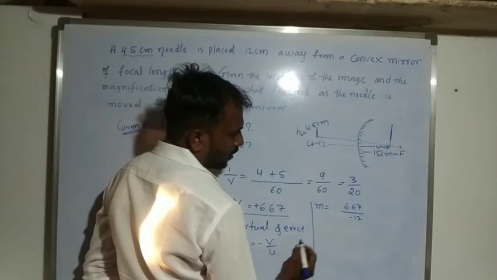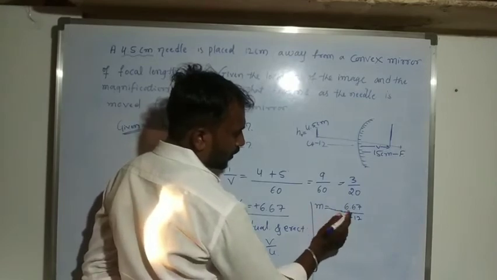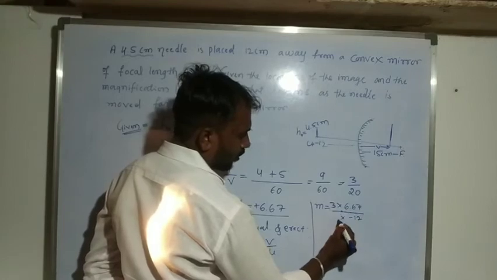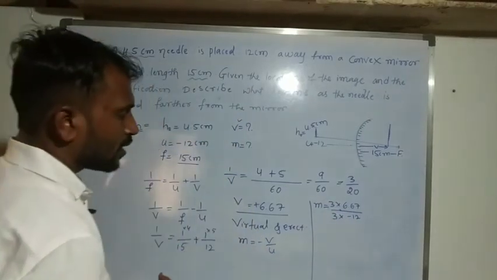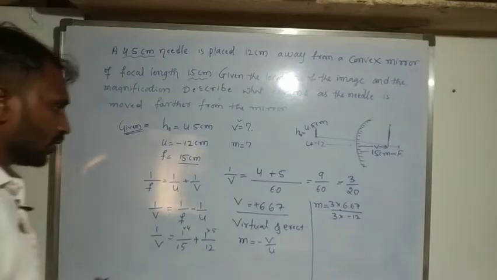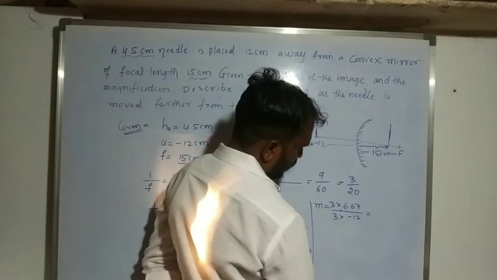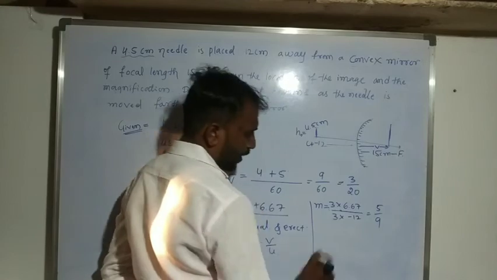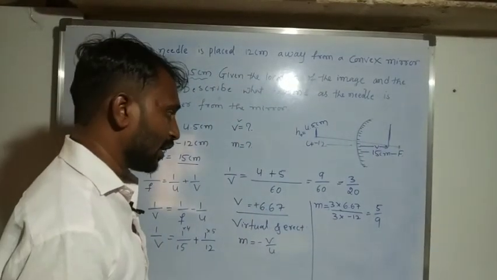For this reason here we just multiply with 3, so 3 into 6.67 is 20, and 3 into minus 12 is minus 36. So this reason here 5 by 9. Okay, so magnification value is 5 by 9.